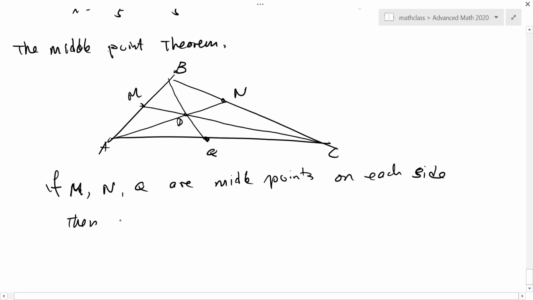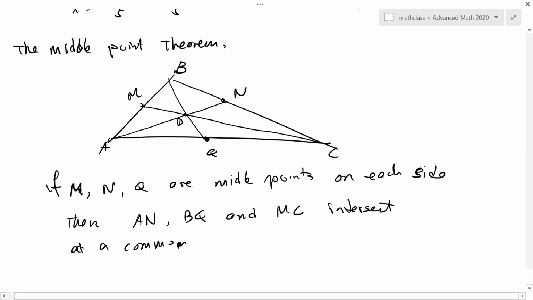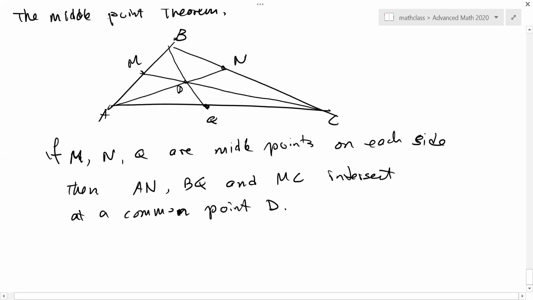Then AN, BQ, and MC intersect at a common point D. It's not easy to prove, because if two lines intersect at point D, you have to prove that the third line passes through this point.